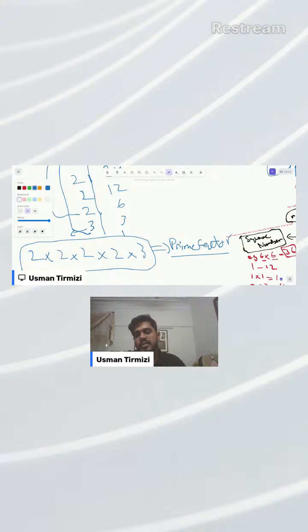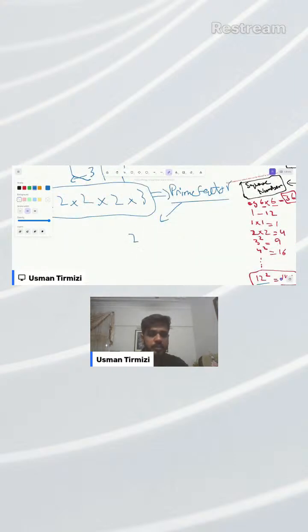Why are they called prime factors? There are two reasons. One reason is that 2 and 3 are both prime numbers themselves. And another reason is that they can divide 48 to give an integer.